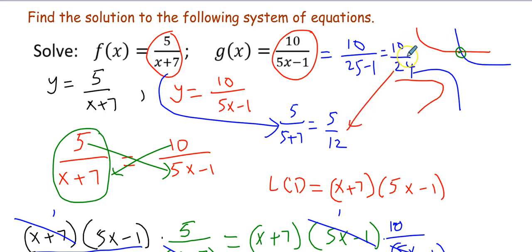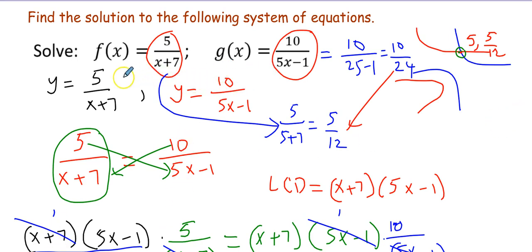When you simplify the fraction, 5 times 2 is 10 and 12 times 2 is 24, right? So my point will be the coordinate we are looking for: x is 5, y is 5 over 12. That is the solution for this system of equations.